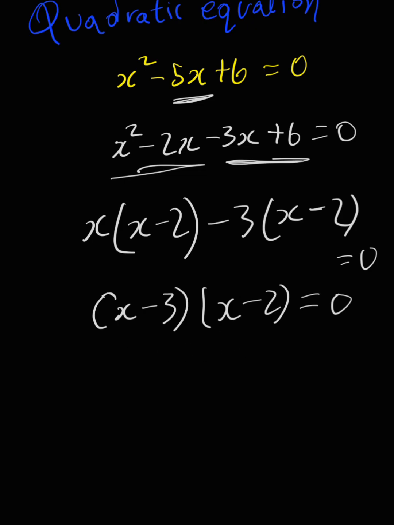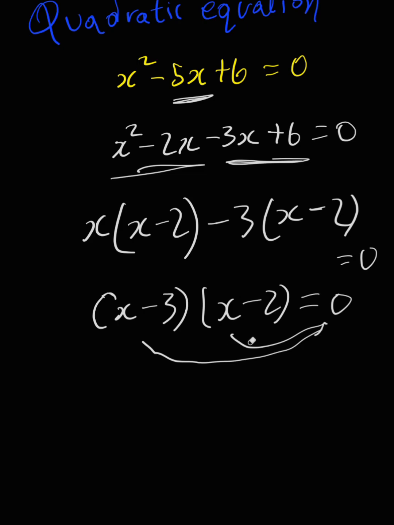When these two numbers are multiplied with each other, they give result 0. Now when can this be the case? There are only two conditions. Either this is 0, or this is 0, or both are 0. It doesn't really matter. If one of them is 0, the product is automatically 0, right?